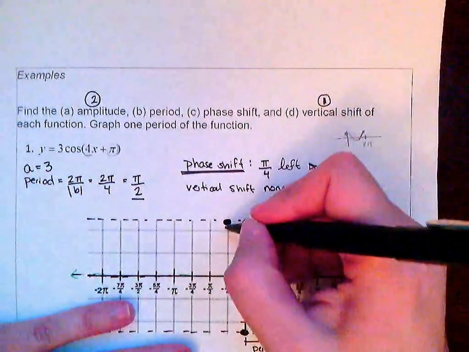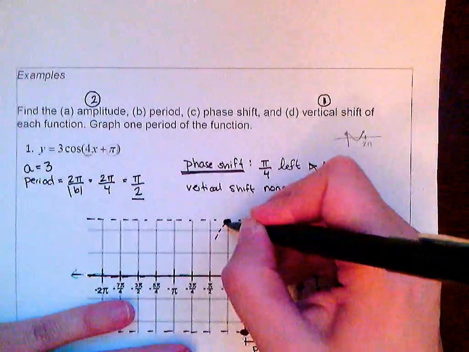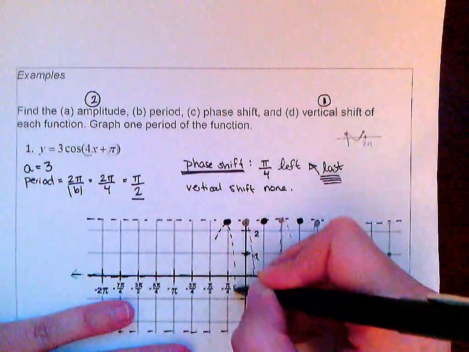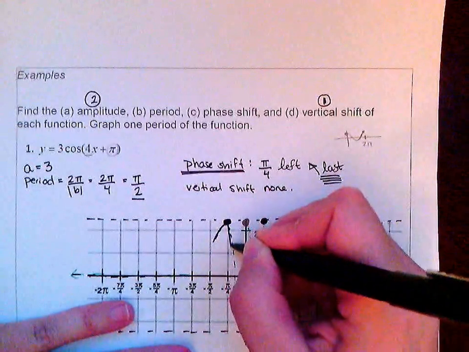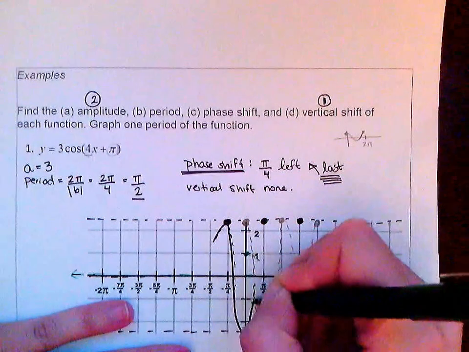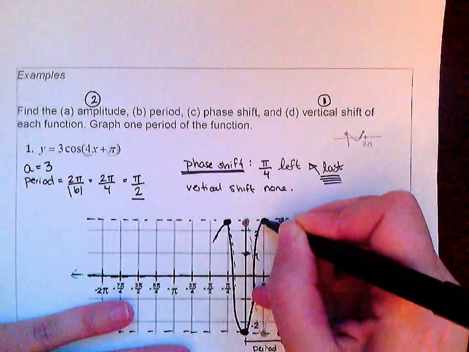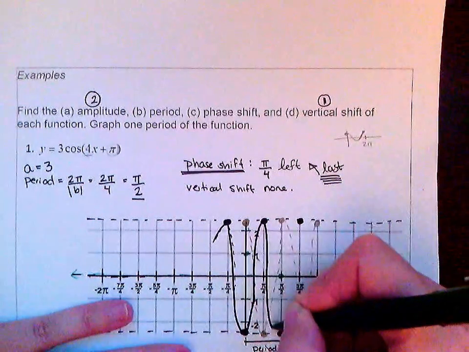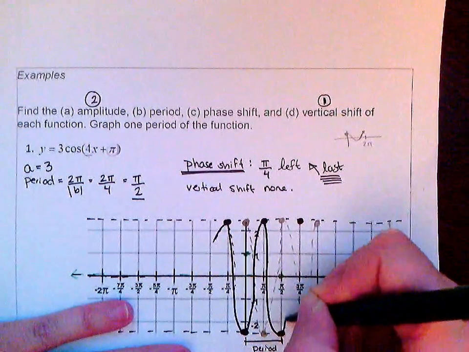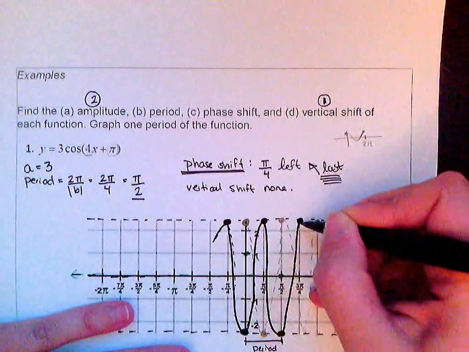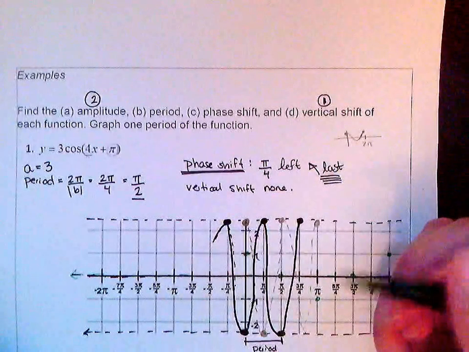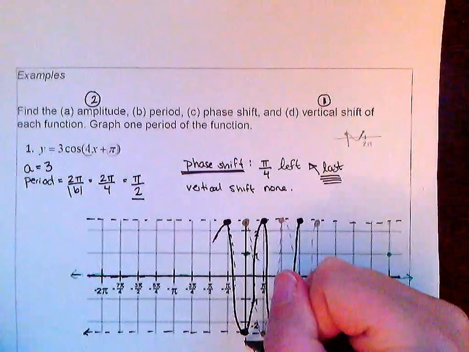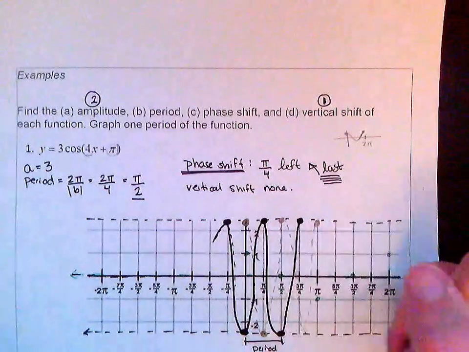So now when I graph this, okay, and that is going to be my graph. And the period is still from 0 to pi over 2.